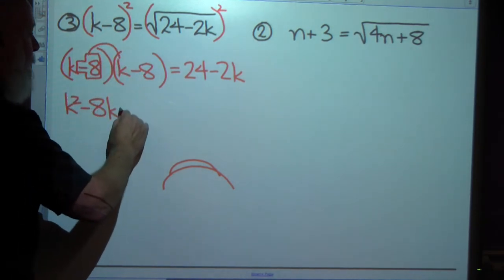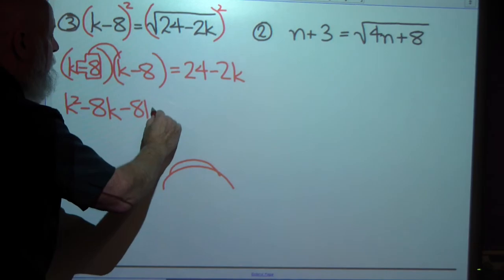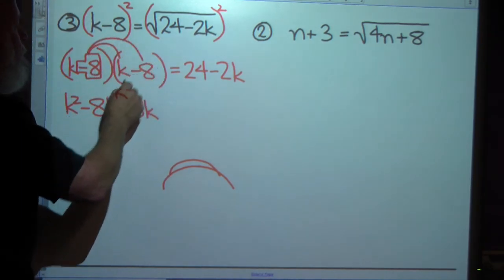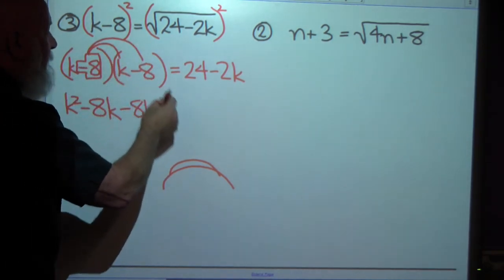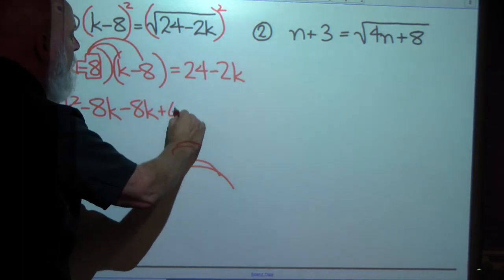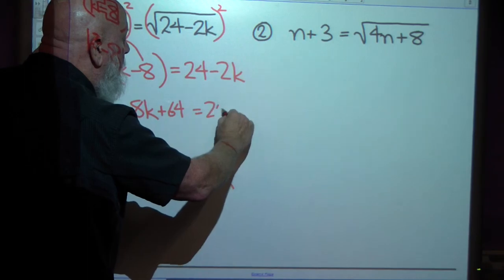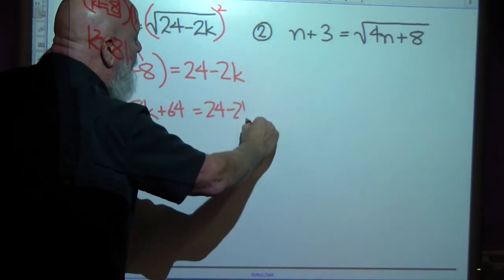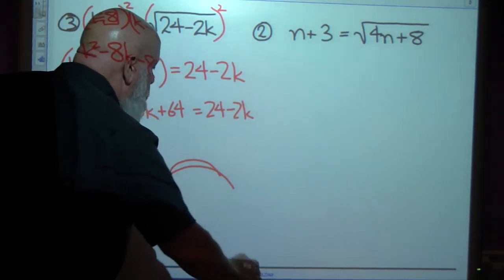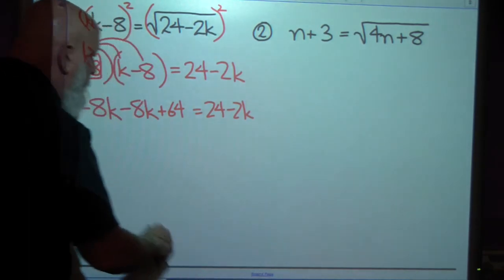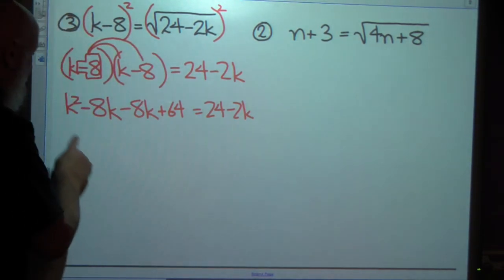So that's negative 8k. I'm multiplying using the distributive property. Negative 8 times negative 8 is positive 64. And this is equal to 24 minus 2k. You don't actually have to write that part. You can leave it blank until we get down to the final bit.